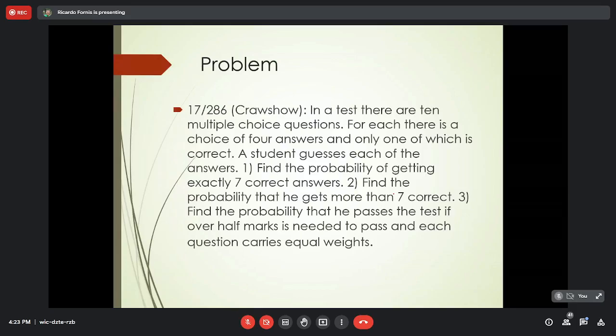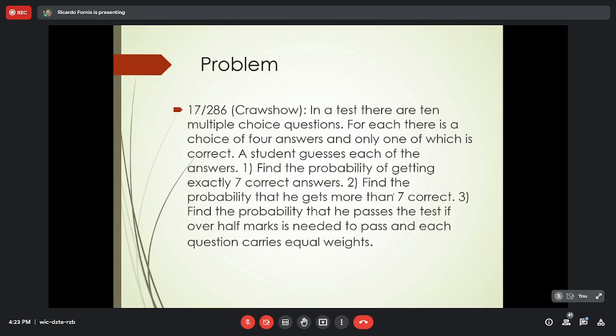A student guesses each of the answers. Question is, find the probability of getting exactly 7 correct answers. Number 2, find the probability that he gets more than 7 correct answers. Number 3, find the probability that he passes the test if over half marks is needed to pass. Over half mark, meaning 6, 7, 8, 9, 10 na scores may considered nga passing.